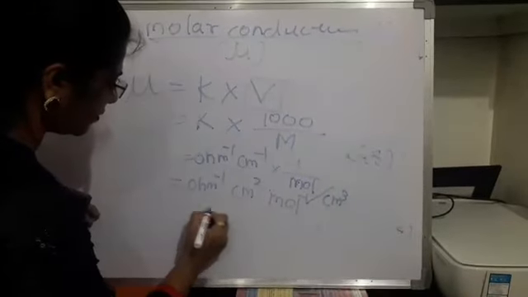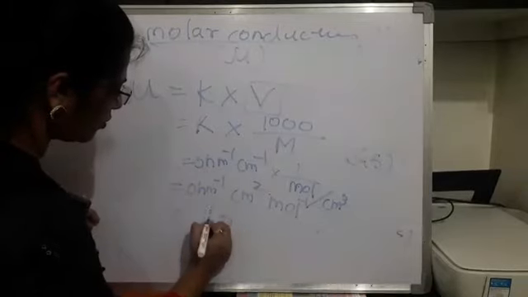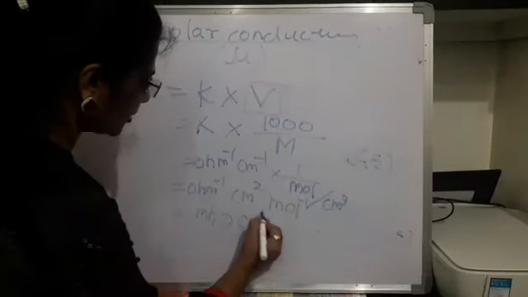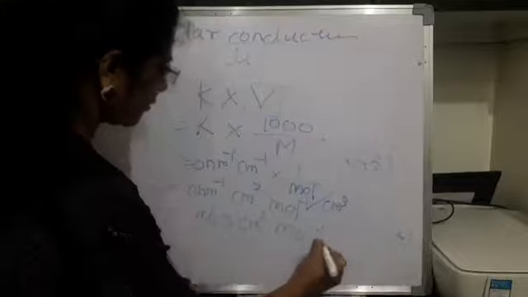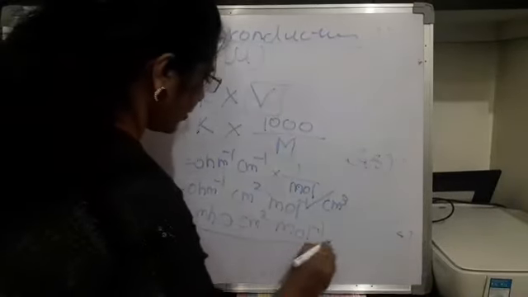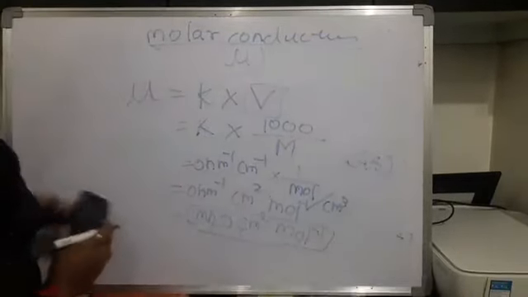We can also write ohm inverse centimeter square mole inverse. This is the unit in the CGS system.